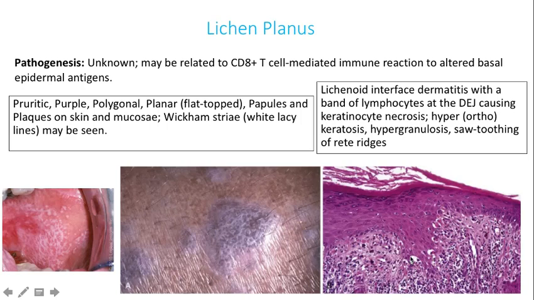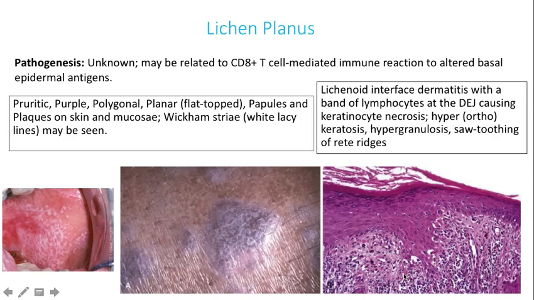And this happens because the lymphocytes are attacking the basal layer of the keratinocytes. So you get these dead pink keratinocytes. Sometimes the dead cytoplasm of the keratinocytes will leak down into the dermis, and we call those colloid bodies. But the key here is you have a band of lymphocytes attacking at this dermal epidermal junction.